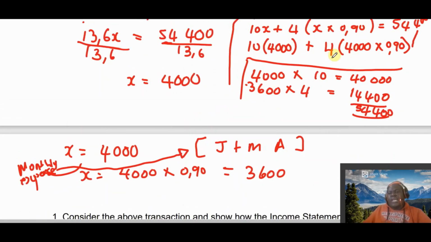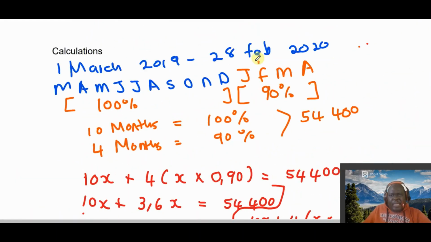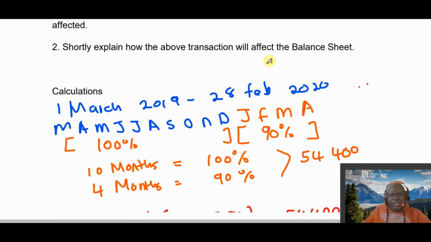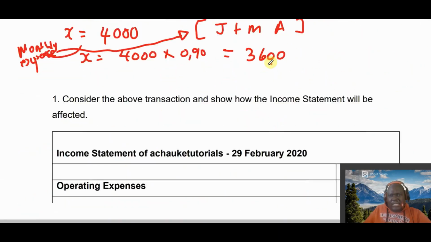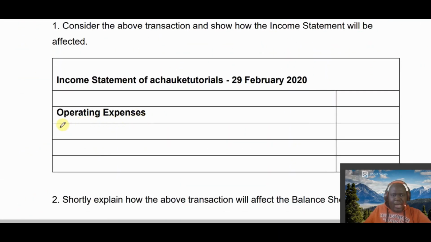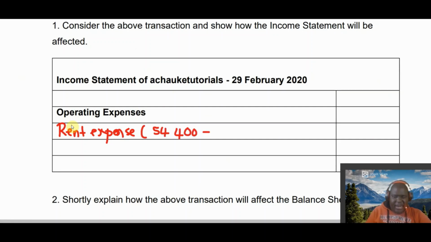So now we just have to check by how many months is the rent expense prepaid. Remember, it was by 2 months, so you take 3,600 multiplied by 2. So under the operating expense on the income statement, we will have rent expense, and then we have 54,400 minus 3,600 multiplied by 2.